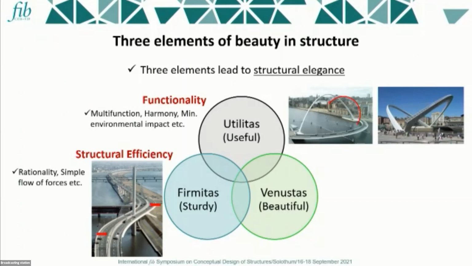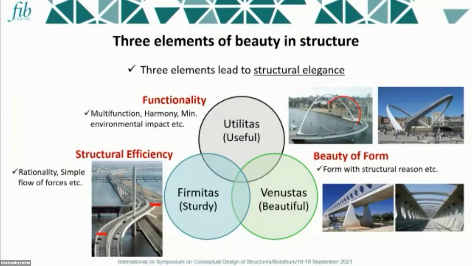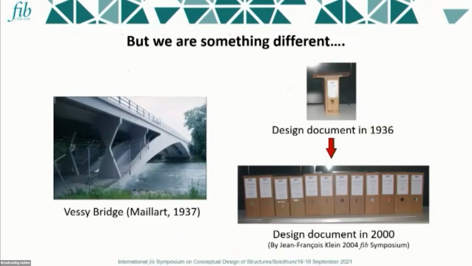And beauty of form, but at the same time, the designer can explain structurally the meaning of each form. So these three elements are needed to realize structural elegance, I think.